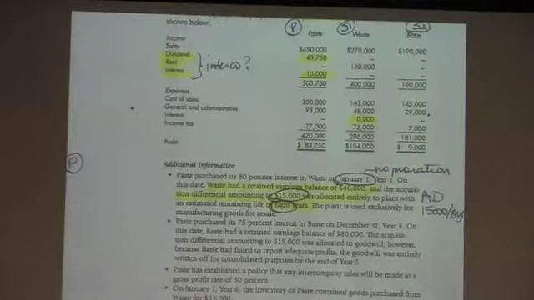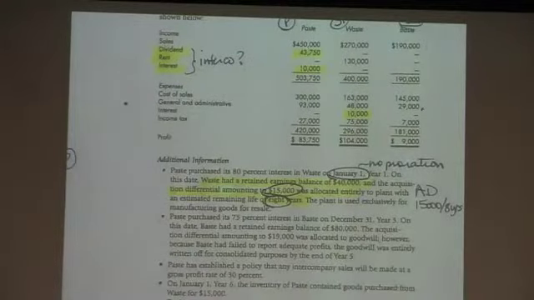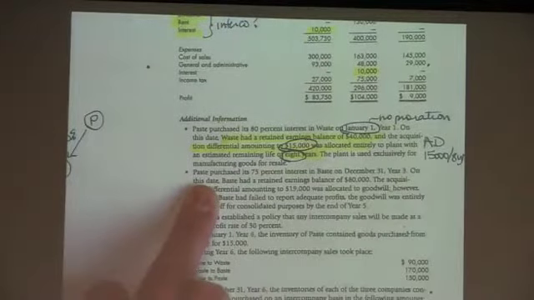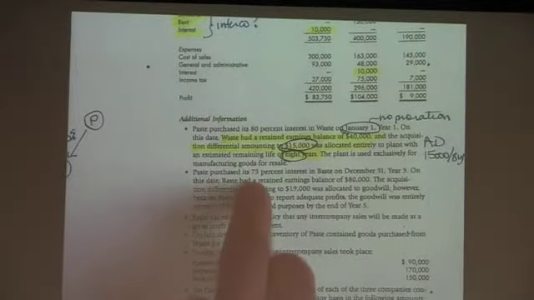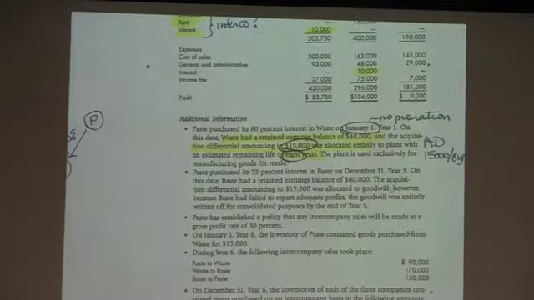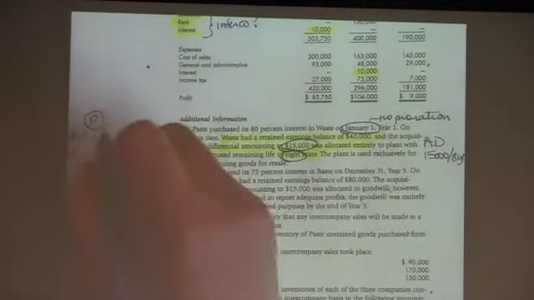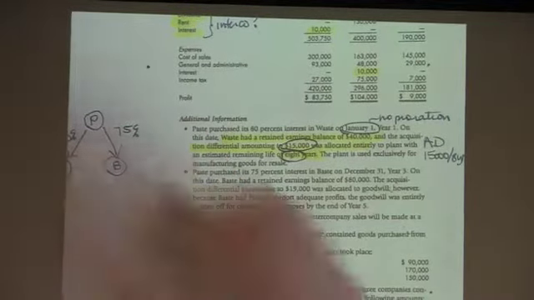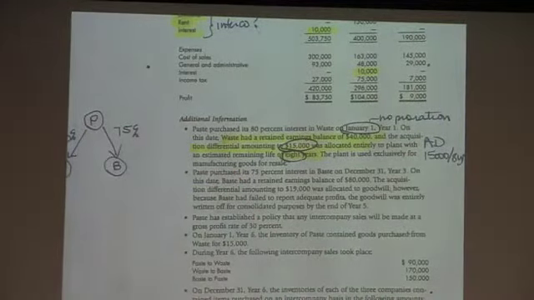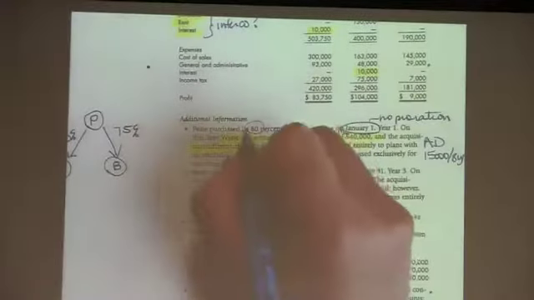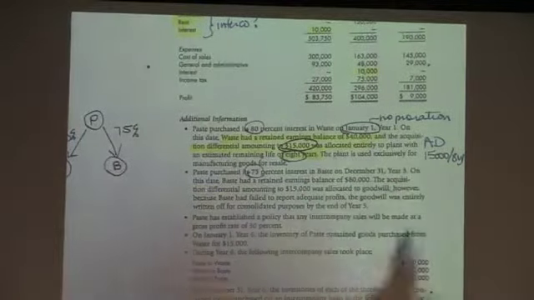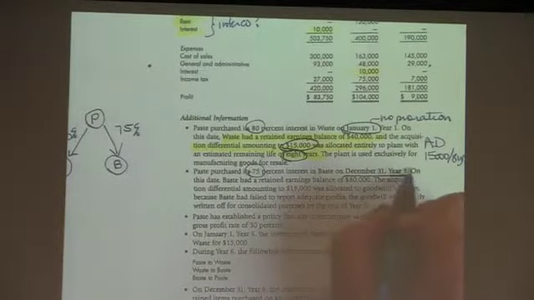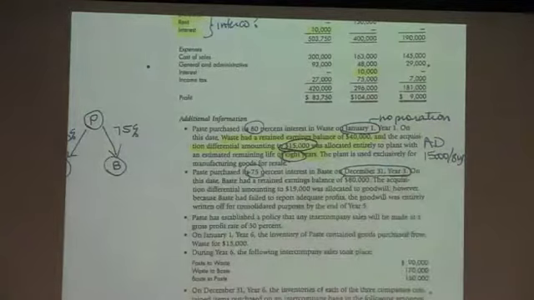So let me expand this a little bit. All right, okay. So the second is Paste, P purchased a 75% interest of B. So let's write that down. And again, we need to know these because this is 80, this is 75, and we bought it in December year 3, which is the same as January 1st, year 4.